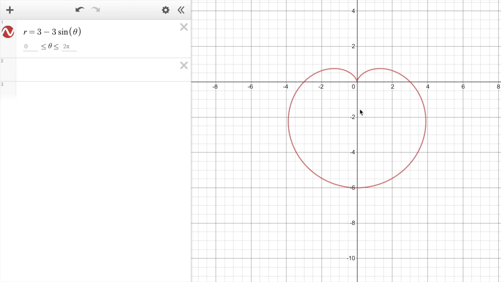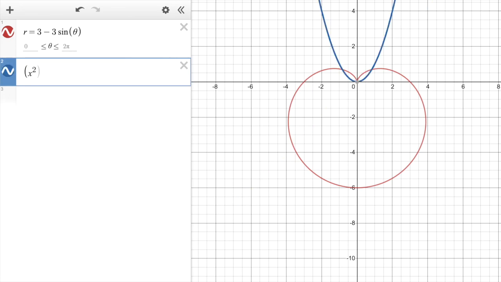So we have the cardioid, and it's kind of circle-y, so it has a nice representation in polar coordinates. But if you try to describe this shape in rectangular coordinates, it has a very ugly form. X squared plus y squared plus 3y, squared, and that's equal to 9 times x squared plus y squared.